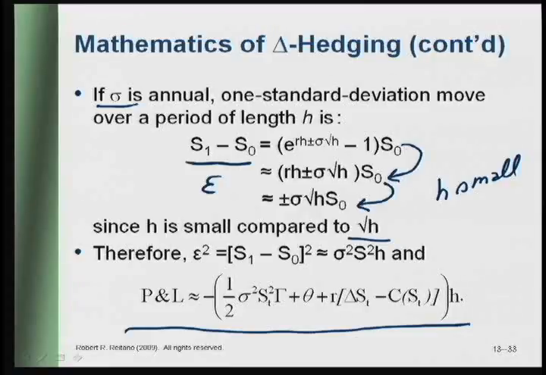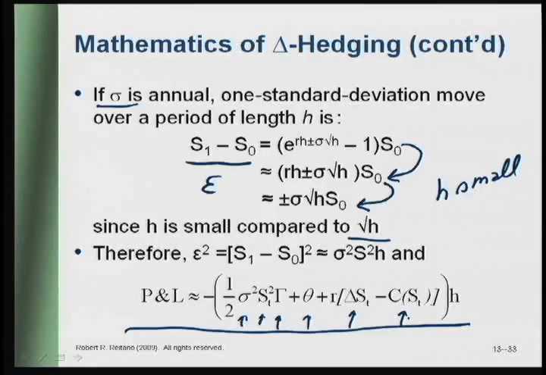But notice that inside these parentheses are all the terms evaluated at t. They don't reflect h. The h is a multiplicative factor that gets factored out. And what we see is the volatility of the stock squared. We have a gamma, we have a theta, we have delta, and we have the call price.